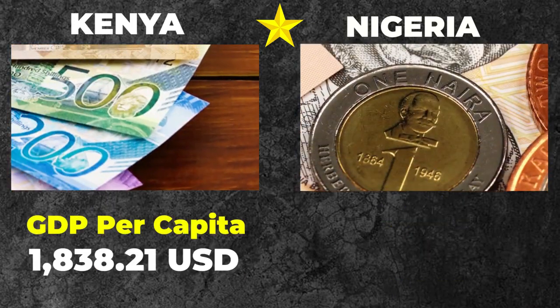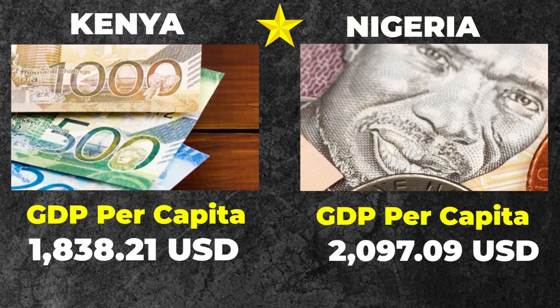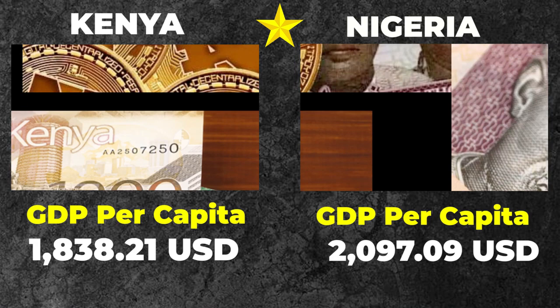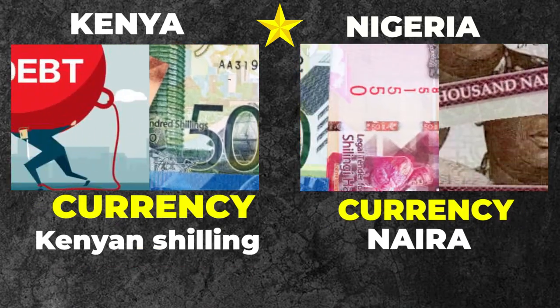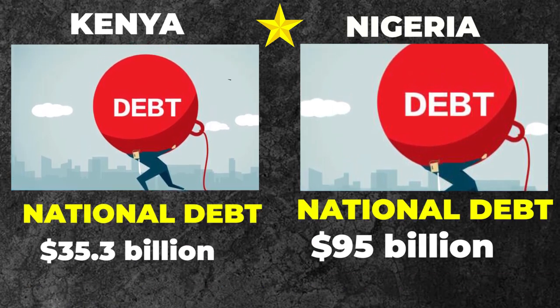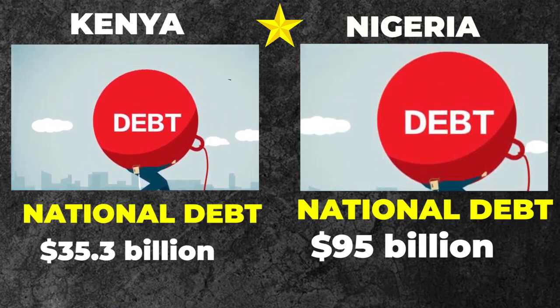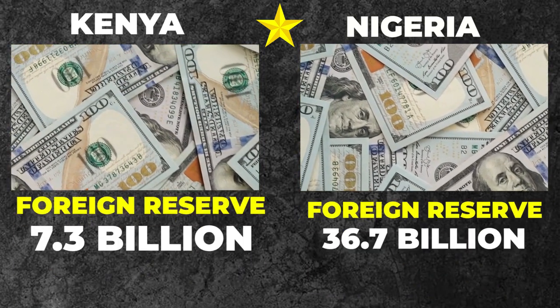The GDP per capita is calculated by dividing the total GDP by the number of people living in the country. Currency used in the country. Government debt or national debt. It refers to the sum of all government borrowings or to lenders within the country. Total foreign reserve.